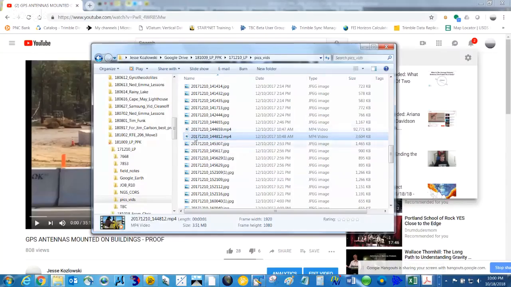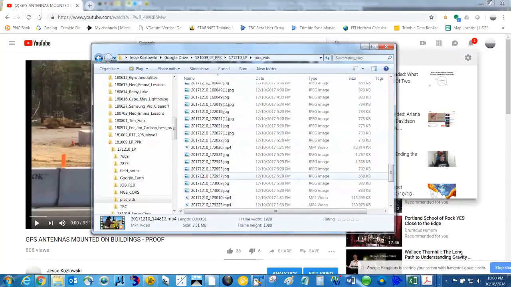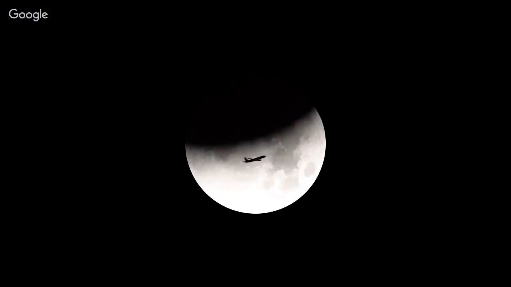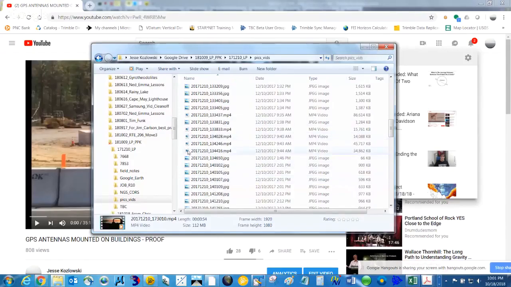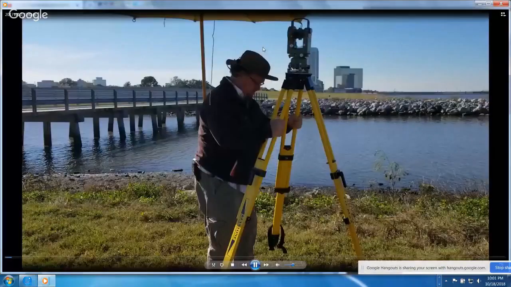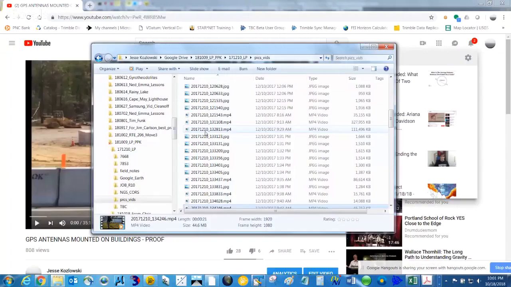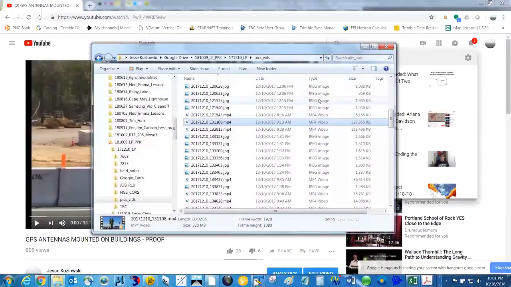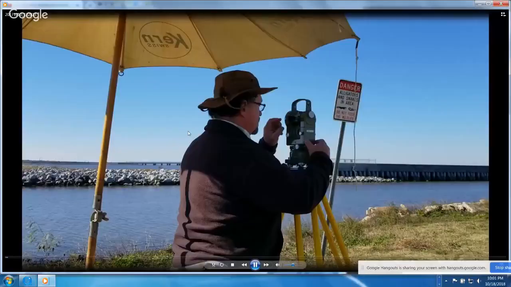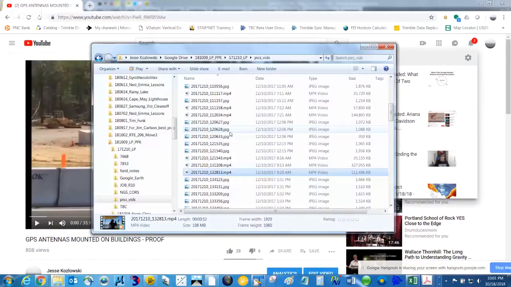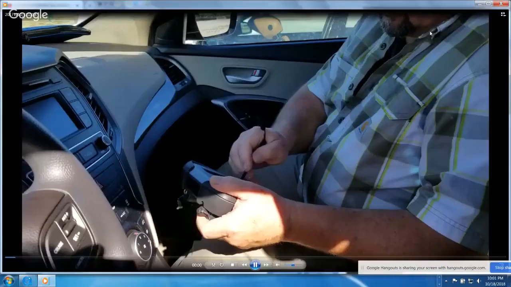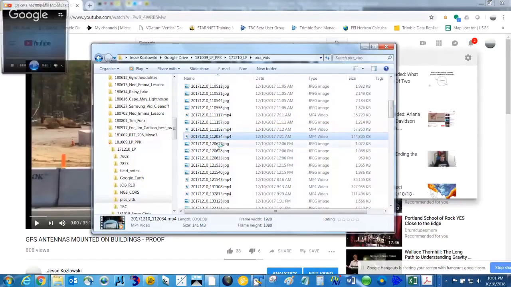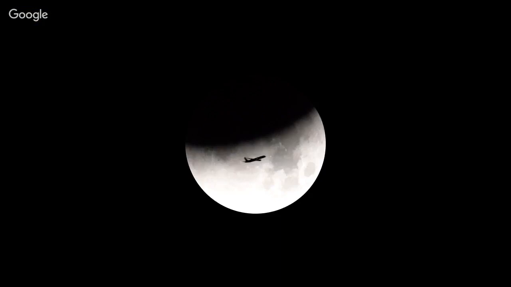I thought you ended up meeting me over on the North Shore at first. Nope. That's me adjusting the instrument. Just go through them sequentially. Oh, here we go. This is it. Yeah, early in the morning, 7 o'clock.